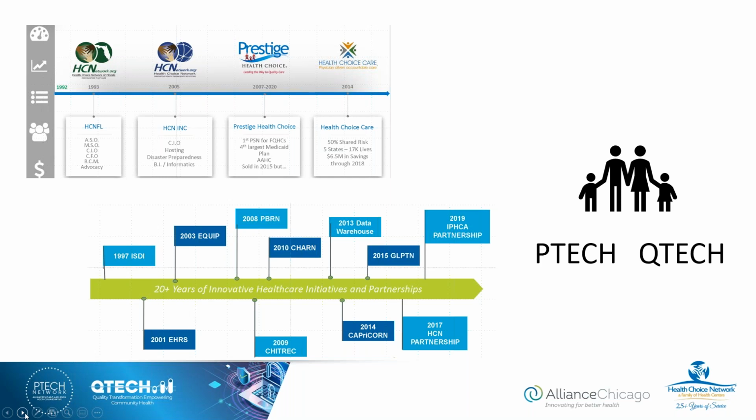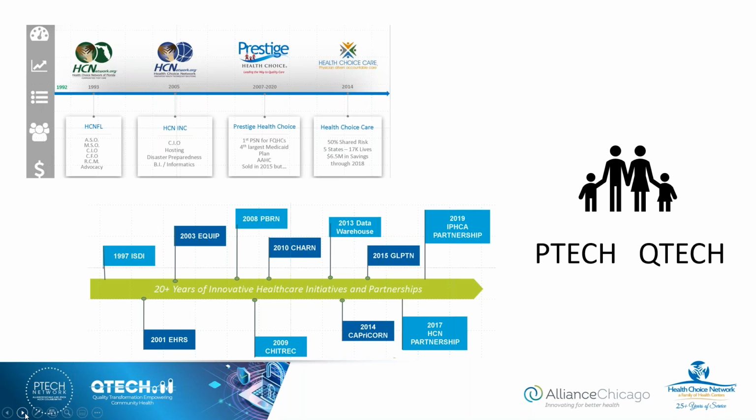And throughout the decades, both networks have grown in response to need and changes in the environment to leverage that value proposition and do a variety of kinds of complementary and overlapping things for our health centers as time has gone on. And we're really thrilled.